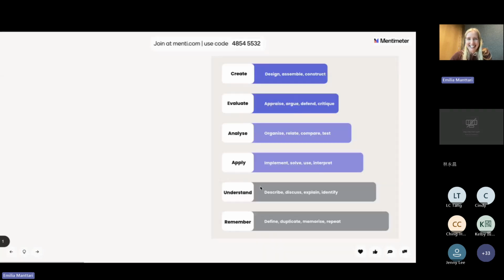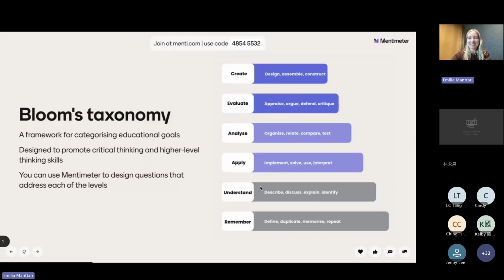So Bloom's taxonomy is a framework for you to categorize educational goals. And really the idea with the framework is promoting critical thinking and also higher level thinking skills in general. So you can really use it to make sure that your students are learning more.